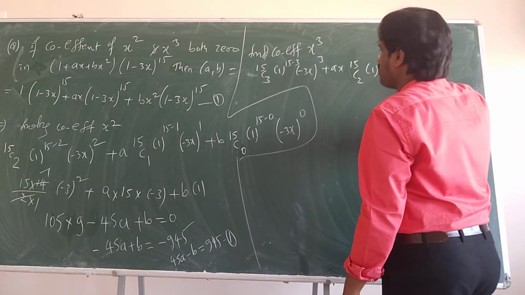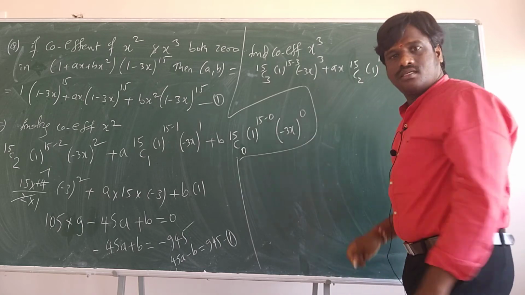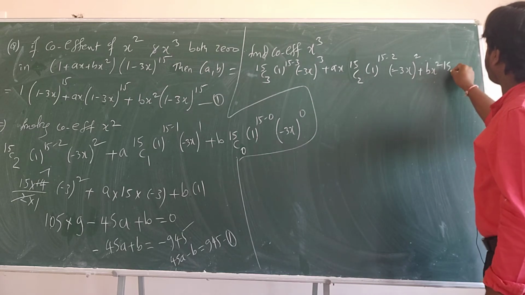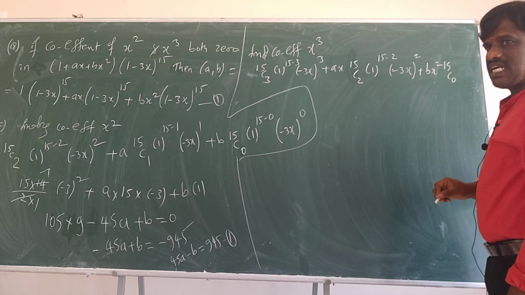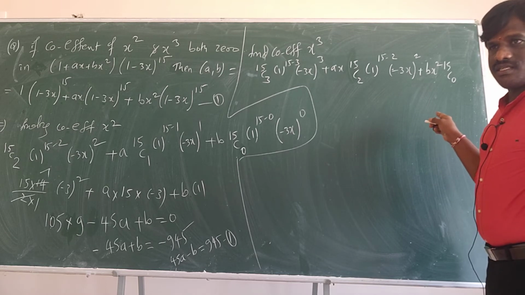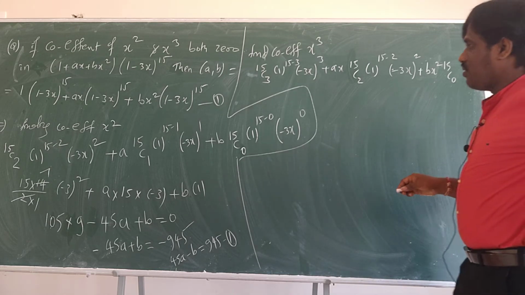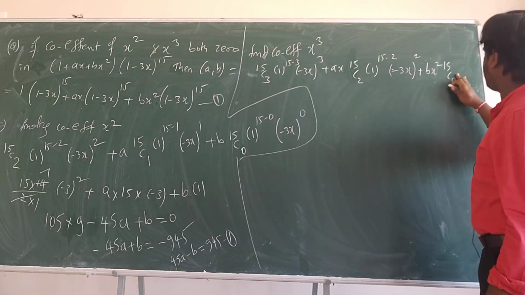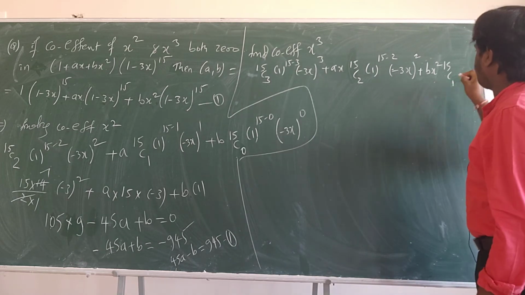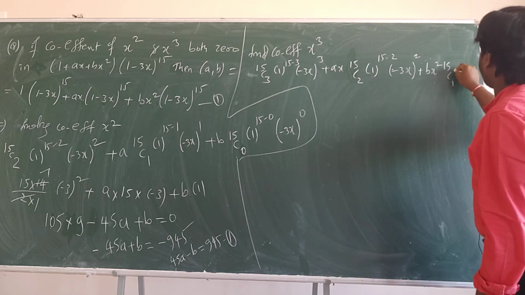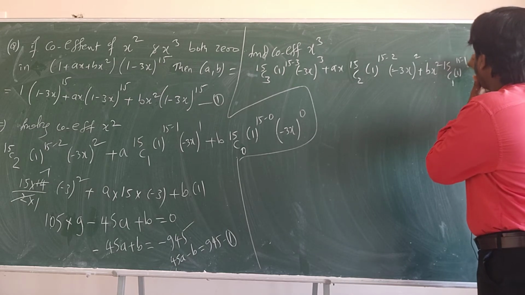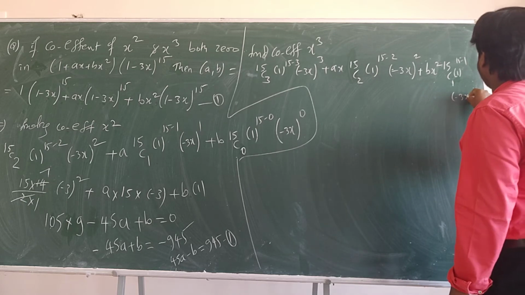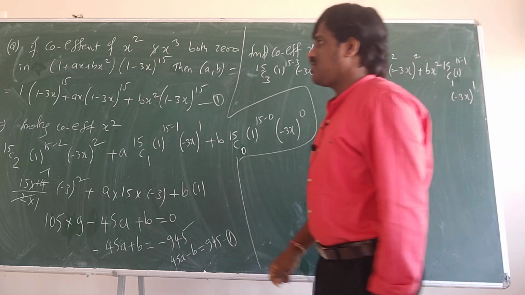Next, plus bx square into, inside I need x, so 15C1, 1 power 15 minus 1 and minus 3x power 1.